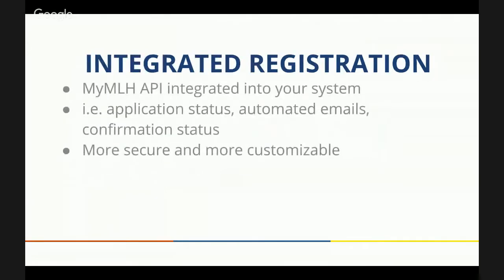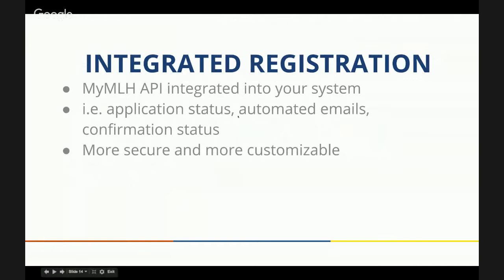Another great example is integrating MyMLH into your registration. Maybe you have a pre-existing application, maybe it's built on Rails or any other platform. Integrating MyMLH into that is pretty simple, and it allows you to customize the experience for your attendees.